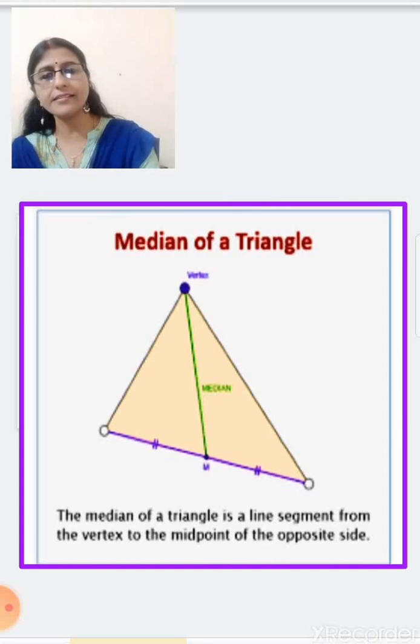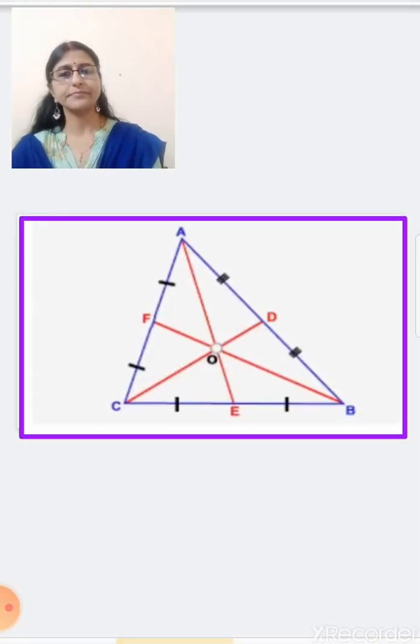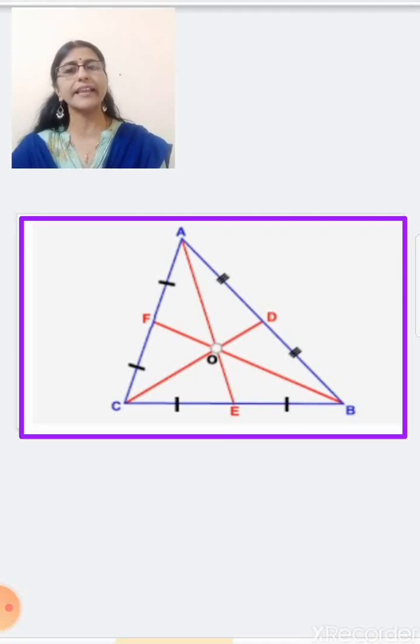Now let us see this here. Here you can see, how many medians are there? There are 3 medians. So you can make 3 medians in a triangle. You can see here how they are joined and how they are forming medians. From the vertex A you are getting a median till E. So AE is the median which is dividing the segment BC.